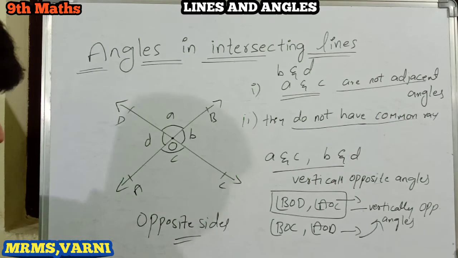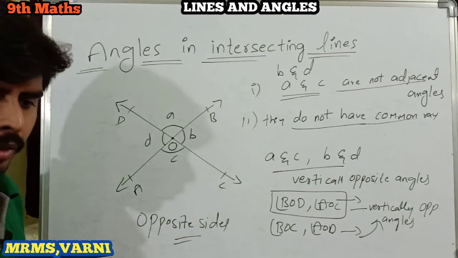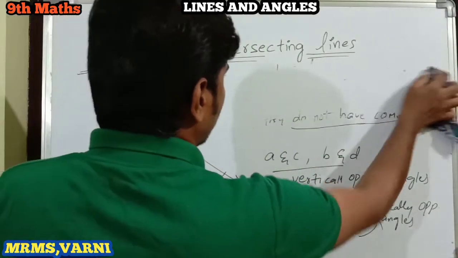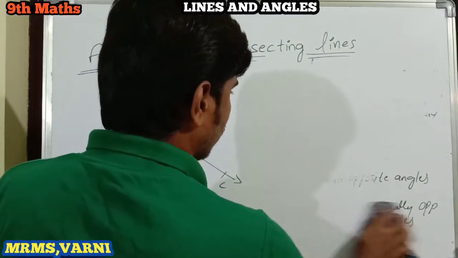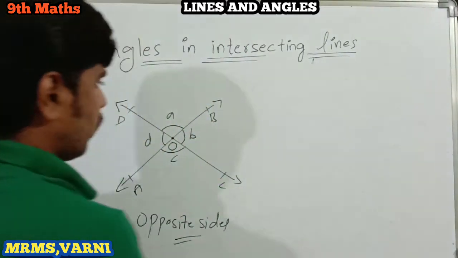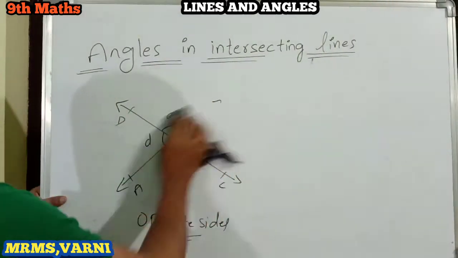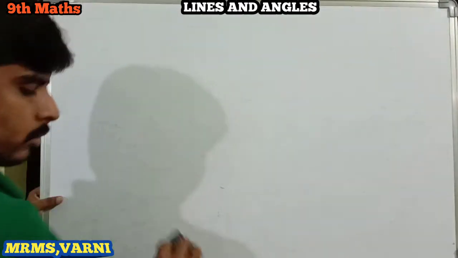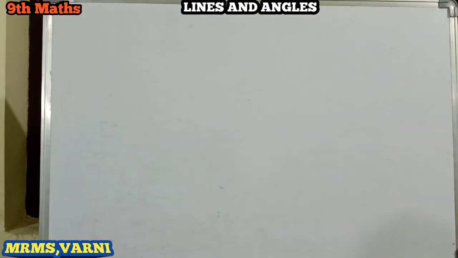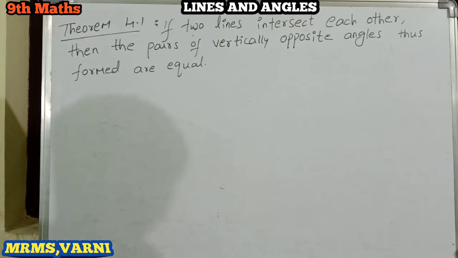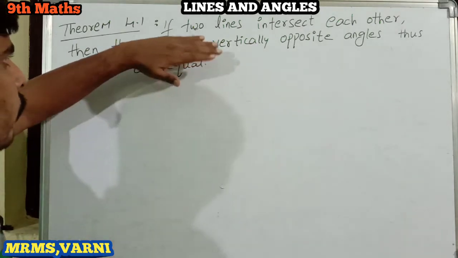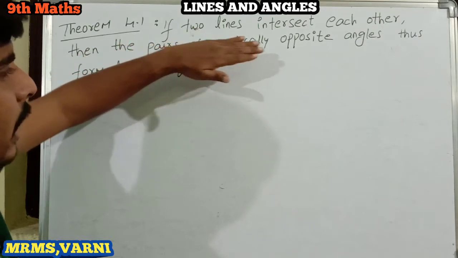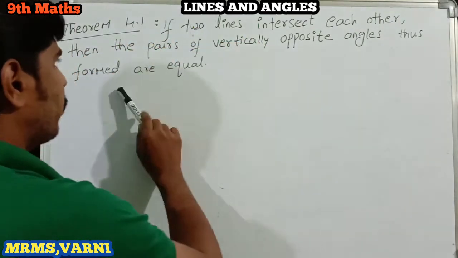Based on these vertically opposite angles we have a theorem. I'm going to write it here. This is the theorem statement: if two lines intersect each other, then the pairs of vertically opposite angles thus formed are equal.